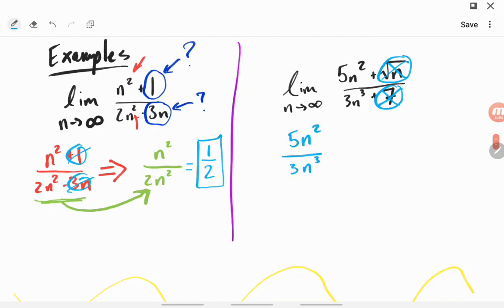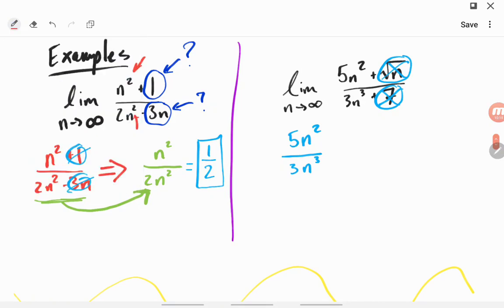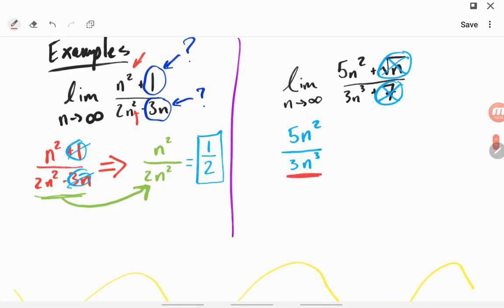Now, as n gets larger, which one of these, the numerator or the denominator, is going to get bigger? They're both going to get bigger, but which one's going to get bigger faster? The denominator here is going to grow much faster. And when the denominator grows faster, what does this value approach?